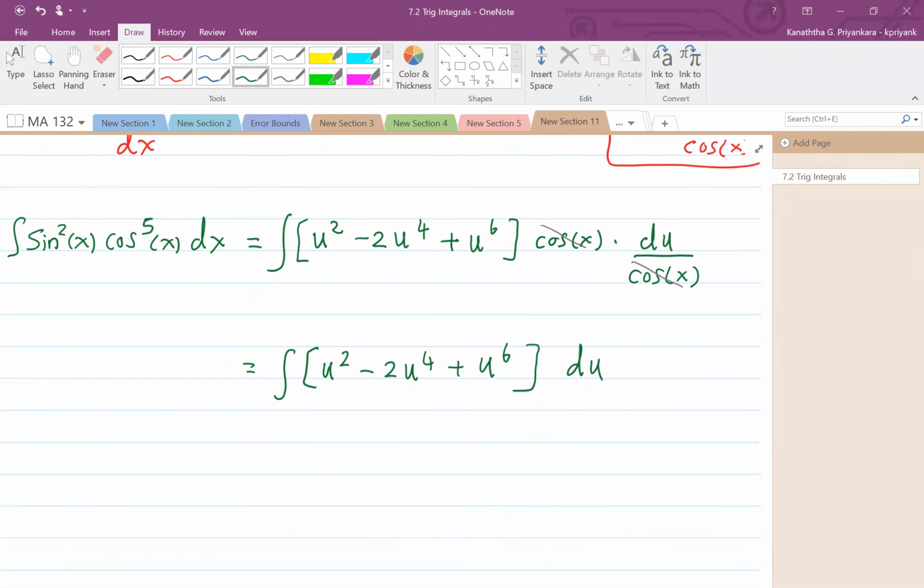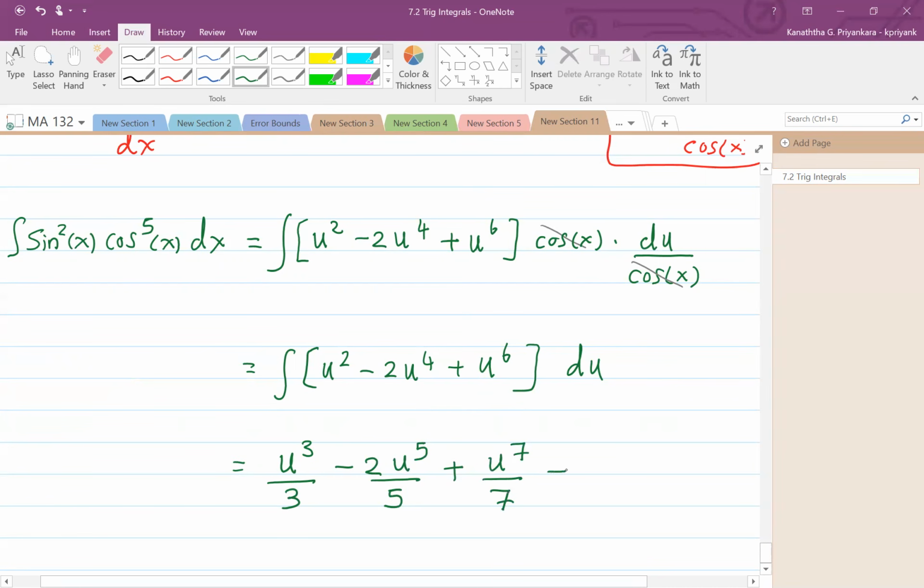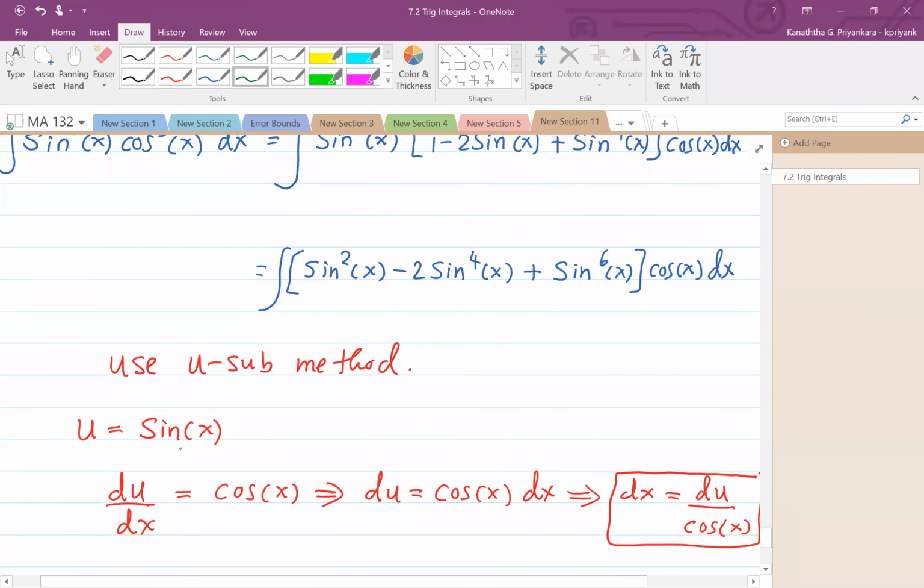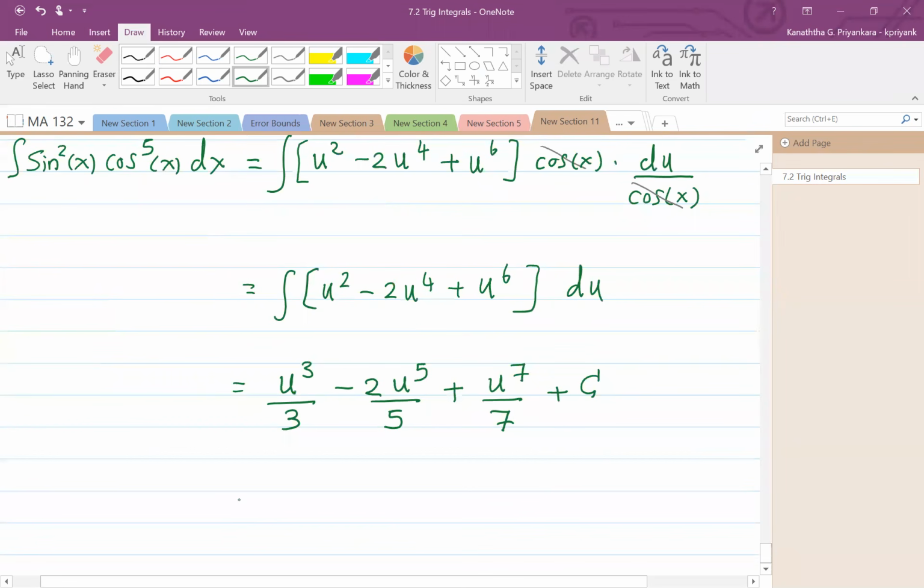Now we can compute the antiderivative of each term. So for u squared, the antiderivative would be u to the power 3 over 3, minus 2 times u to the power 5 over 5, plus u to the power 7 over 7, plus a constant c. Now you can substitute u equals sine x, then you get the answer.